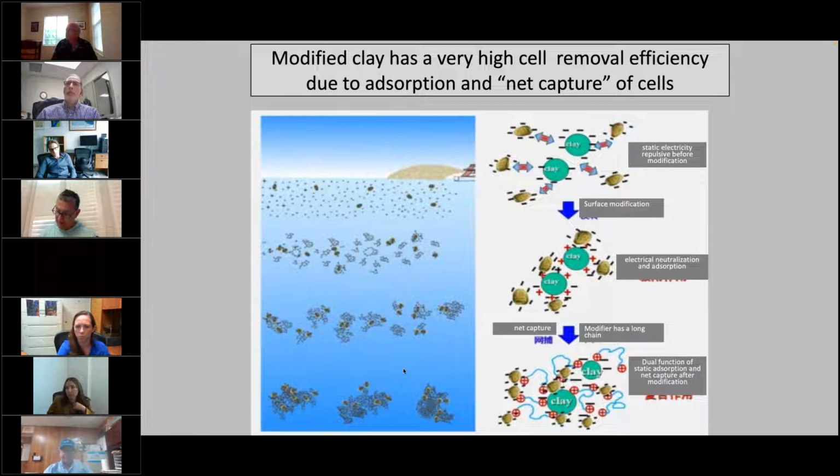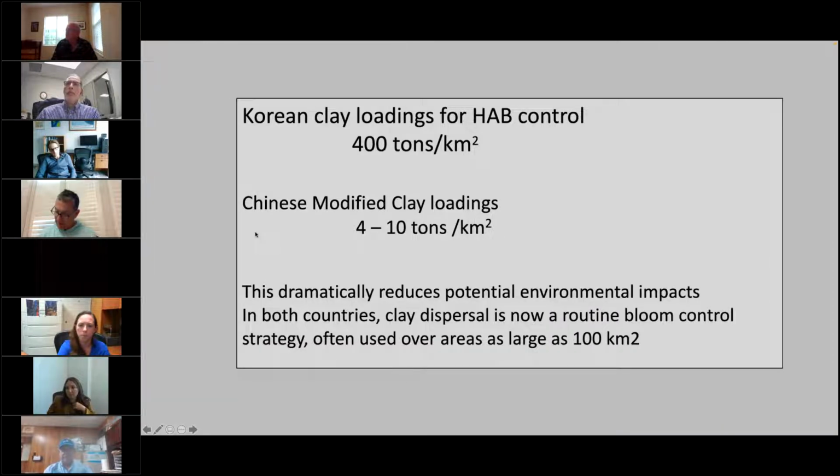So it's much more efficient. Basically, the Korean clay, they are using as much as 400 tons for a square kilometer, and then the Chinese clay, it's 1/100th of that, maybe 50 to 100 times less. So this obviously dramatically reduces impacts and costs.